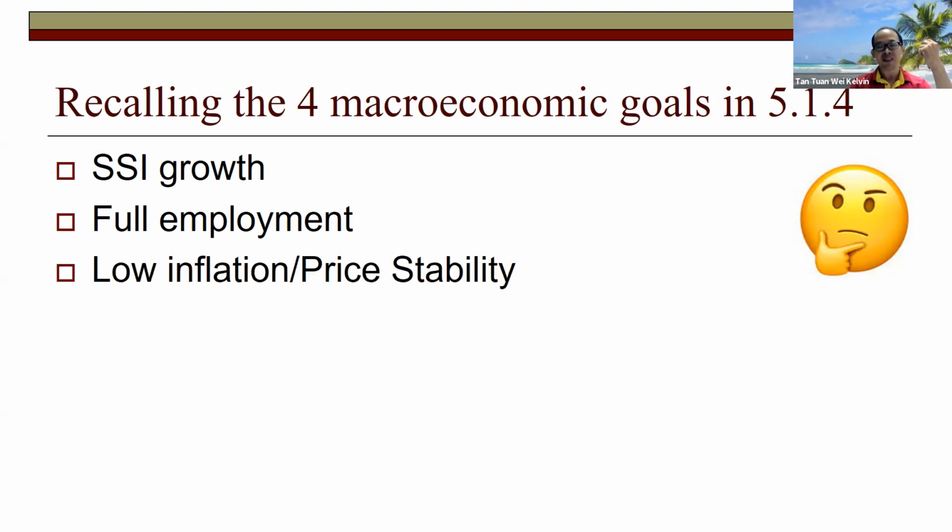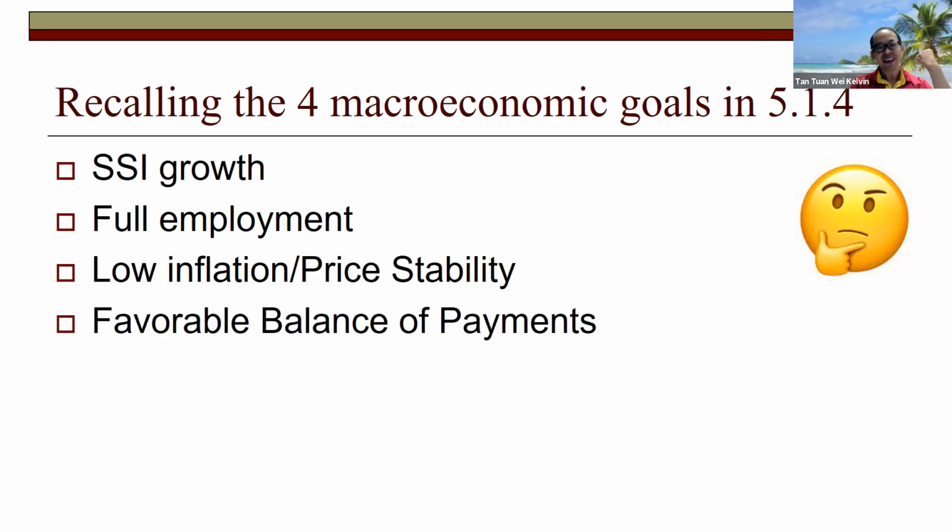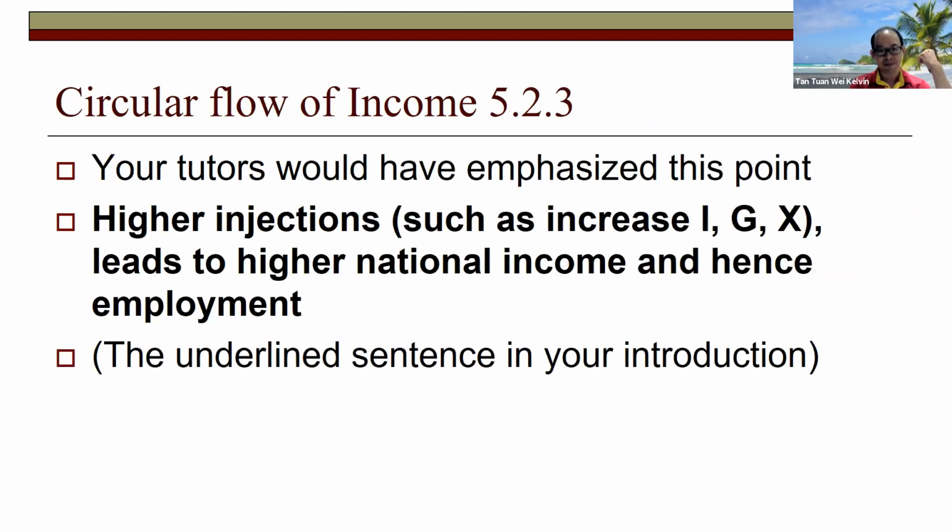The third goal is, as I've said, you want inflation to be low. Some other schools will call it price stability. It's basically the same thing. And next, this is the only external goal in macroeconomics. We want the balance of payments to be healthy or favorable. So these are basically the 4 macro goals in 5.1.4. Okay, once you're ready, you can turn back to 5.2.3.